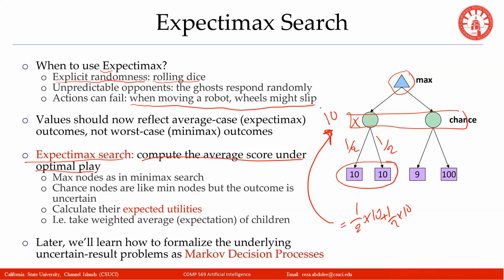And for this one, we also average the expected utility. If we assume that these two events happen with equal probability of half, then the expected utility at this point is going to be half of 9 plus half of 100. Then it's going to be 54 something.